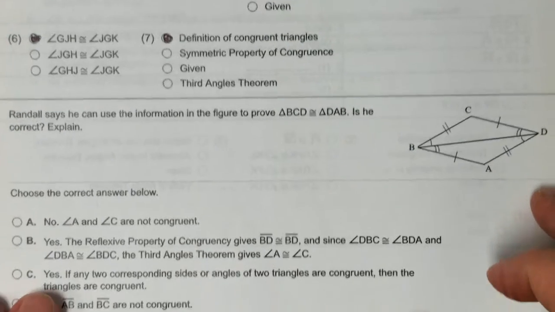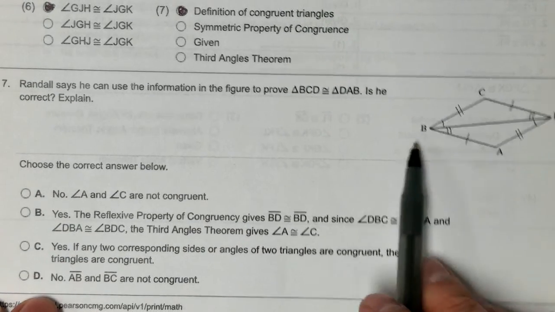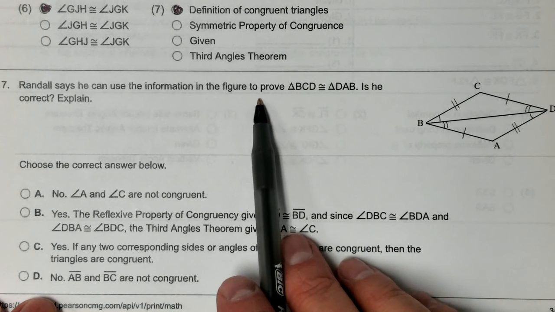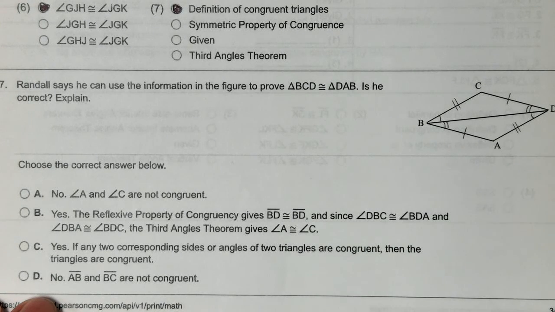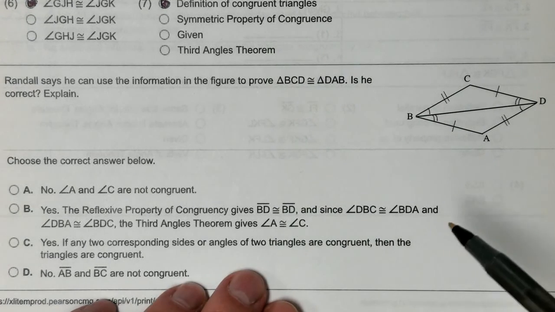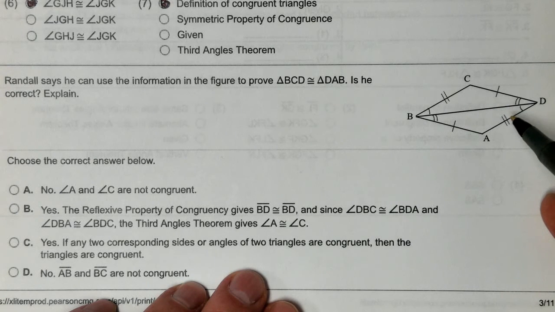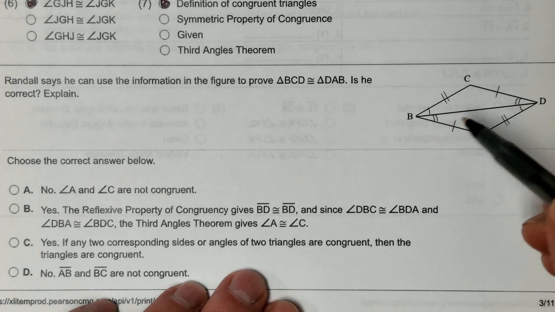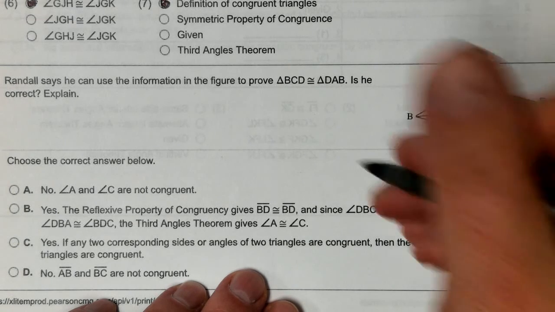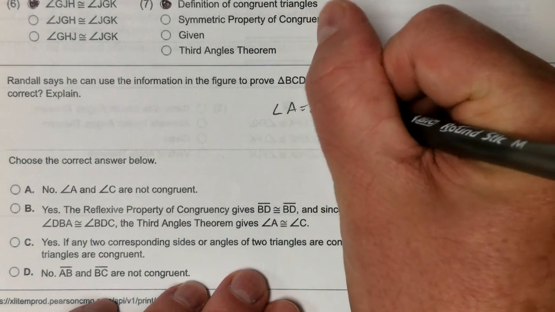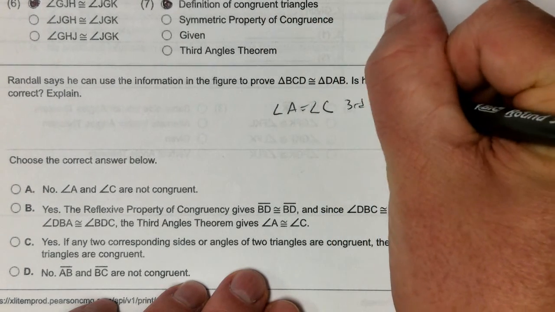Okay, so then this one, Randall says he can use the information in the figure to prove the triangles congruent. Is he correct? And explain. So you have some angles marked as equal with a 1 mark and with a 2 mark. You know the A would be equal to C because of the third angles.